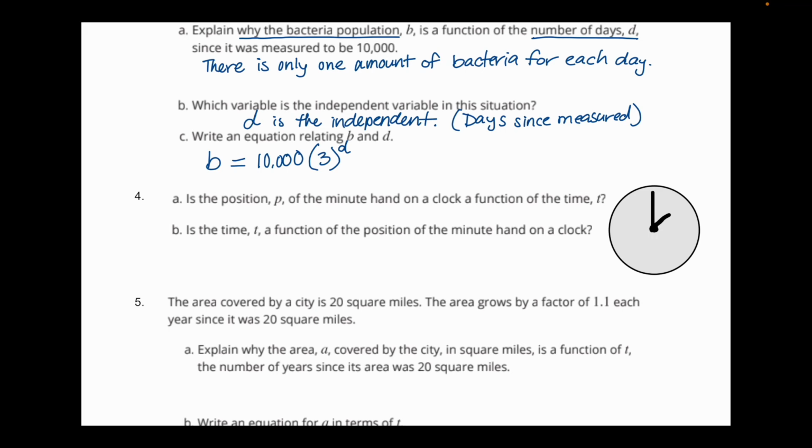So the first part of this that they're asking is, is the position of the minute hand a function of the time? So when I try to figure this out, I think, can it have two different outputs for every input? And in this case, the position is the output and the input is the time. So that minute hand cannot be in two different places at the same time. So there is only going to be one output for each input.